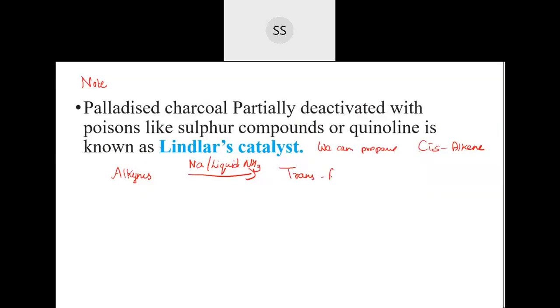That's because of their mechanism of addition. Their mechanism is different. Okay, the path this catalyst takes is different, and the path Lindlar's catalyst takes is different. I told you the other day also, even if you are taking the same reactant, each catalyst is different. Okay, each one carries out its reaction in its own way. So the product you are going to get will be different. So different catalysts give you different products.